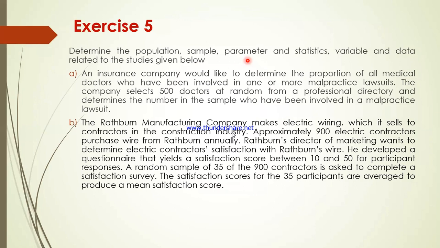Write the variable. What is the variable we considered here? From this scenario, you can identify the variable.